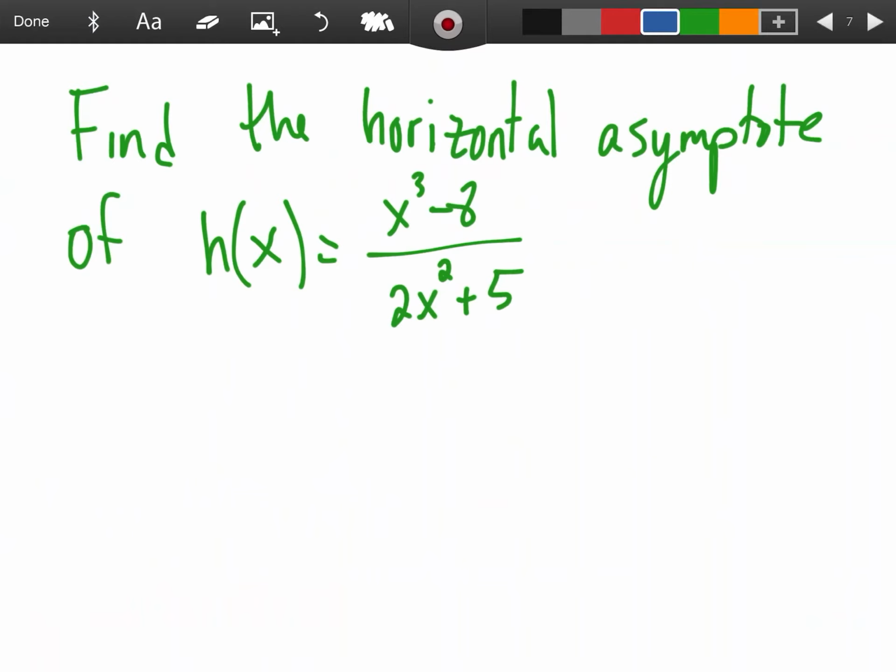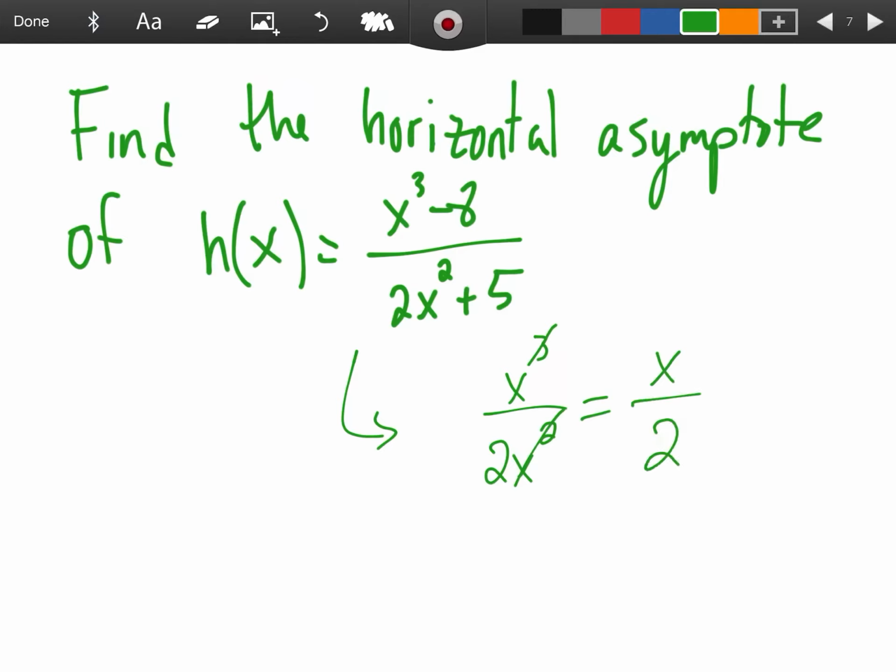All right, and for this last one, find the horizontal asymptote of h of x equals x cubed minus 8 over 2x squared plus 5. Well, as x gets really large, all we care about is x cubed over 2x squared. We can approximate it just using this. And x cubed over x squared, we could simplify that to just an x to the first in the numerator, x over 2.